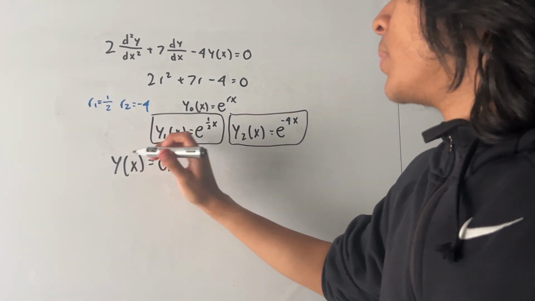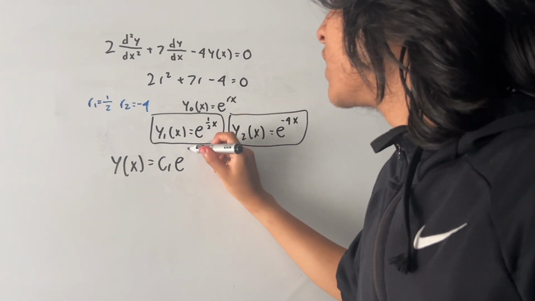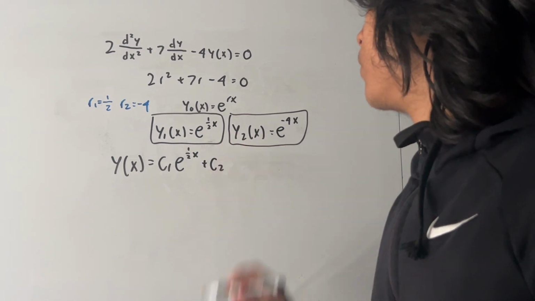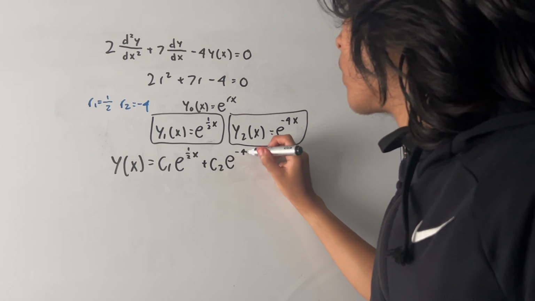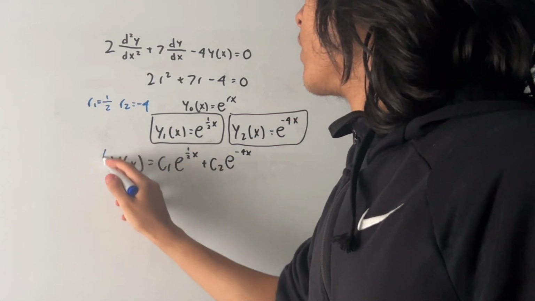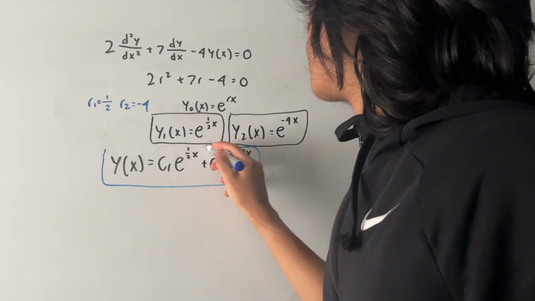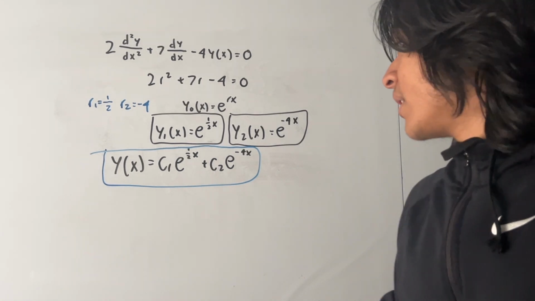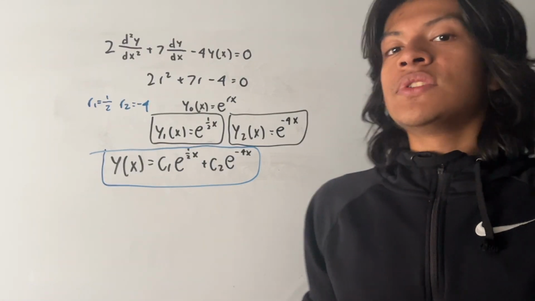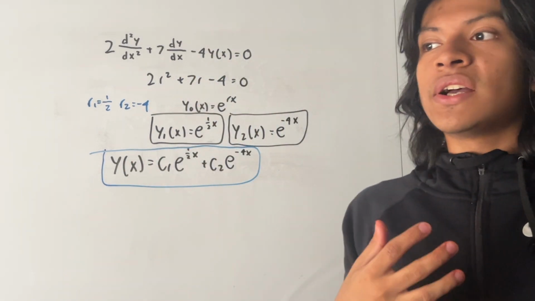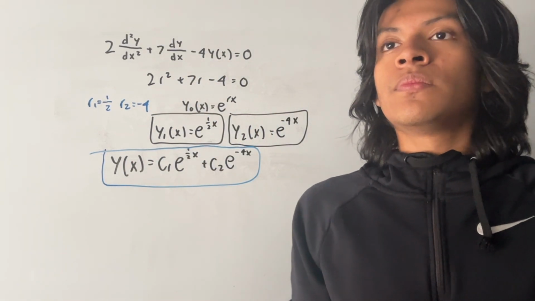Then we're going to put in our y1, which is e to the 1/2 x, plus c2 times e to the negative 4x. So right here would be our general solution for this differential equation here. And now we can move on to another differential equation, but let's apply some initial value points.